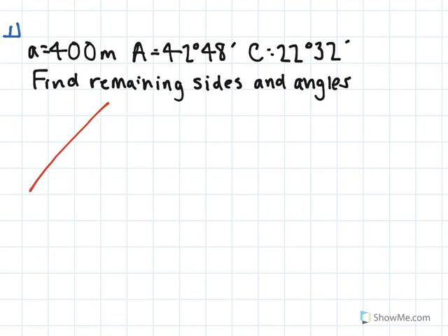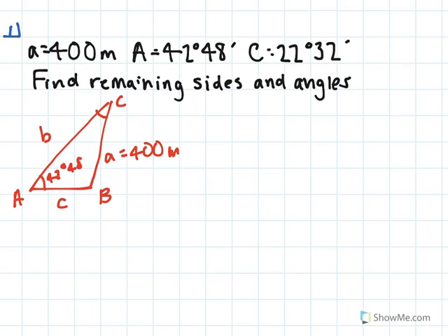We have angles A, B, and C with corresponding sides: a, which is 400 meters, b, and c. We know angle A is 42°48' and angle C is 22°32'.